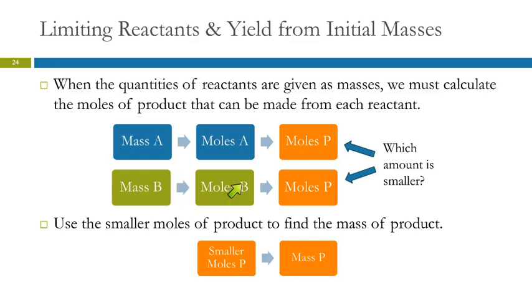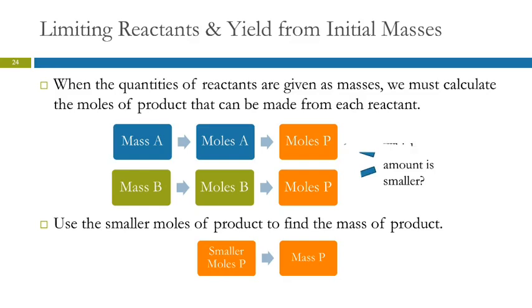Take mass of B, go to moles of B, moles of product, and stop. And ask yourself, which is smaller? Take the smaller one and then calculate the mass of product. That is fine. That's a very nice way to do it. I'm going to show you what I like to do.